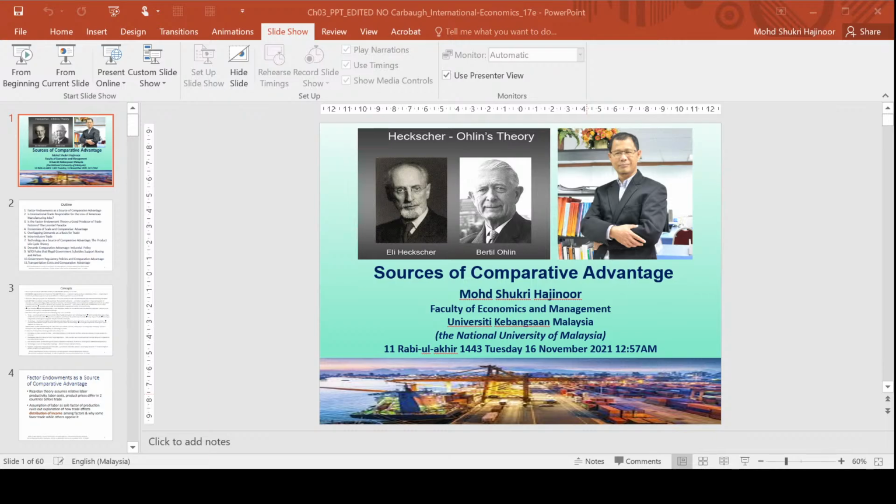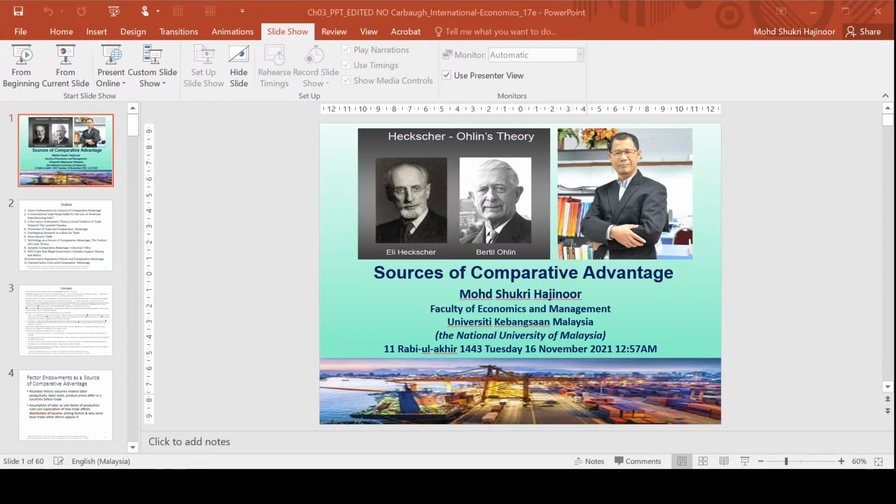Technology as a source of comparative advantage. This is Vernon's product life cycle. So when I discuss technology, this on the top, number 2, we discuss Vernon's product life cycle theory. And last, dynamic comparative advantage. As industrial policy, government identifies winners and encourages resources to move into targeted industries, which the government considers strategic to the country.